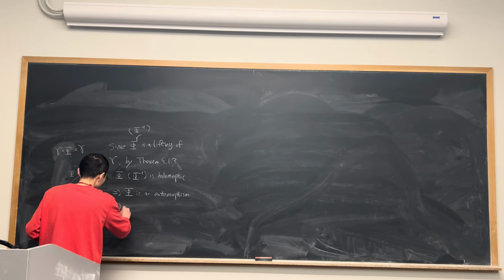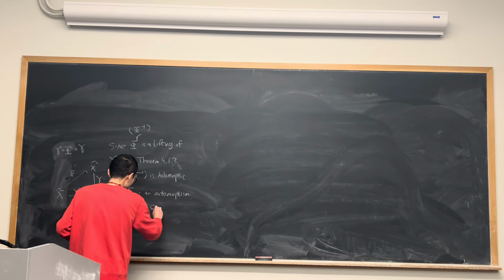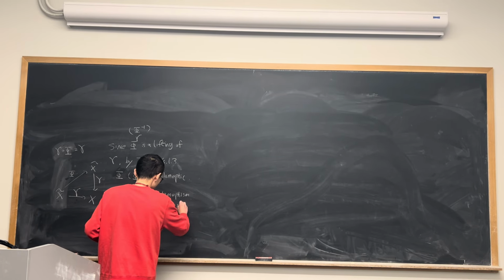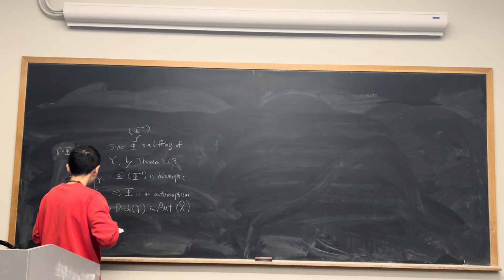Since this phi is in the deck transformation group, this implies that the deck transformation group is actually a subgroup of the automorphism group of X tilde.